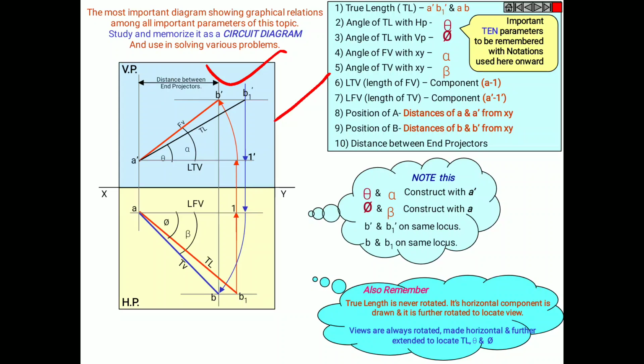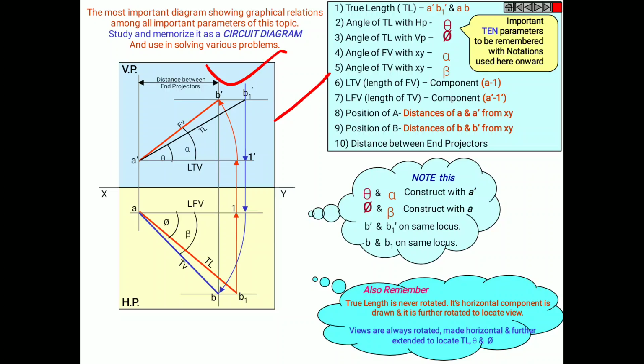The true length a dash b1 dash and AB, a dash b1 dash and a b1. Angle of true length with HP is theta, angle of true length with VP is phi, angle of front view with XY is alpha, and angle of top view with XY is beta. LTV is length of top view, which is component a to 1.